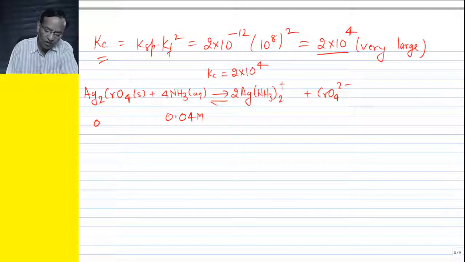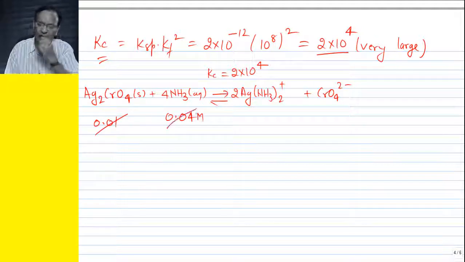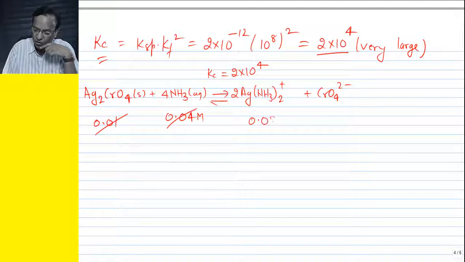So actually 0.01 mole of this will react with 0.04 and be consumed completely, and 1 mole of this produces 2 moles, so 0.01 will produce 0.02 and 0.01 mole of chromate.